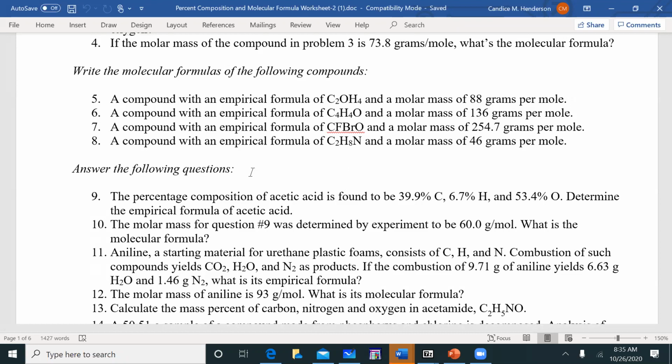I'm going to work this one problem out just to see if it does what I want it to do.